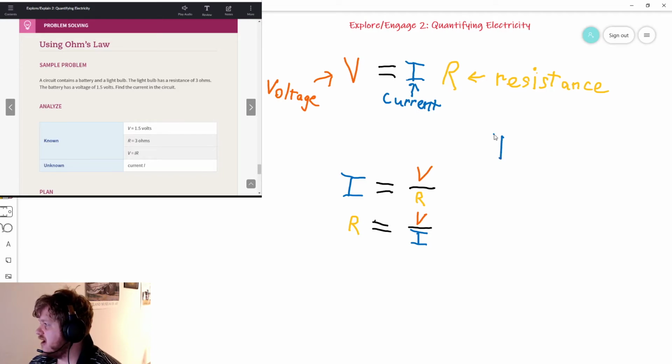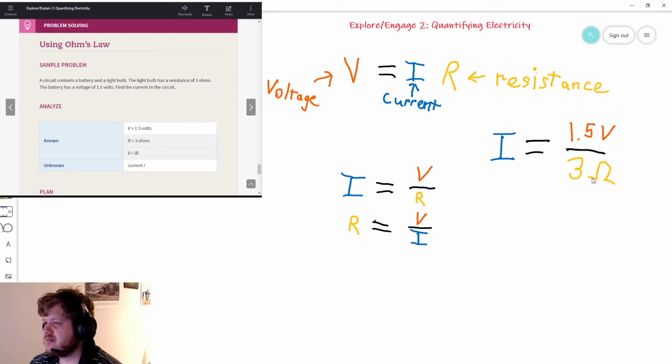So we have I equals our voltage, which is 1.5 volts, divided by the resistance, which is 3 ohms. Ohms use a weird symbol, the omega symbol, which looks like a horseshoe.